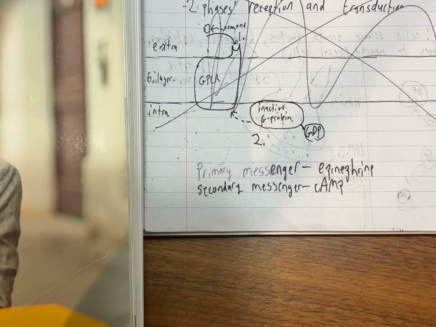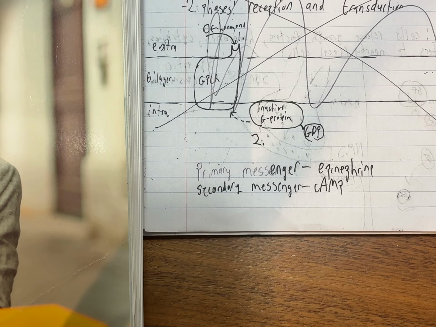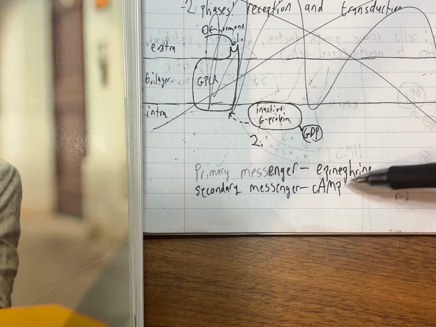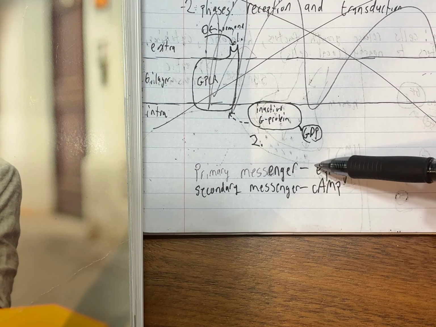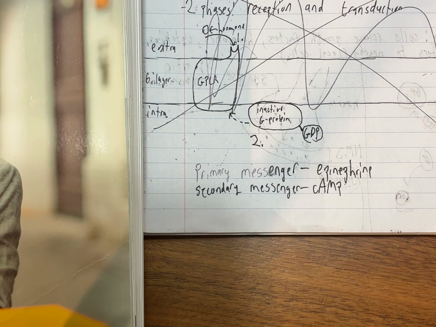Secondary messengers in these GPCR pathways are usually going to be the product of a membrane enzyme. Sometimes it's calcium ions. Cyclic AMP is the one that we really want you to know in this epinephrine pathway. So we had our primary messenger of epinephrine, our secondary messenger of cyclic AMP.